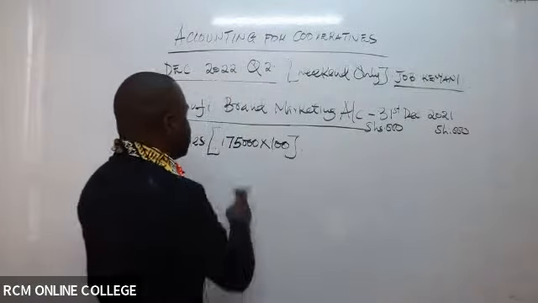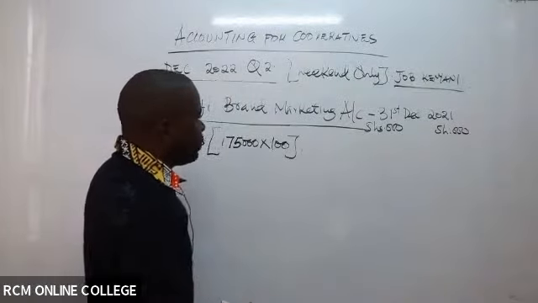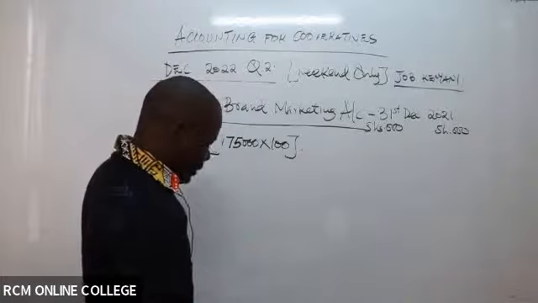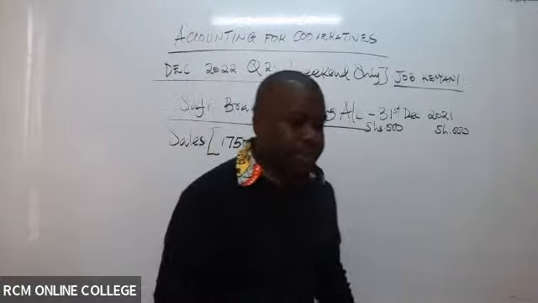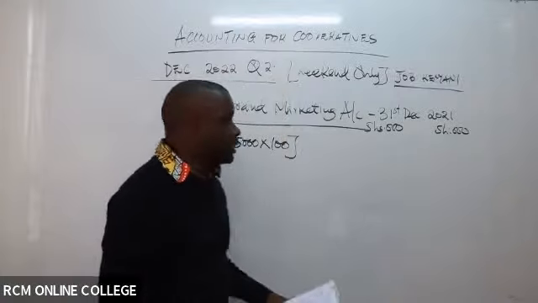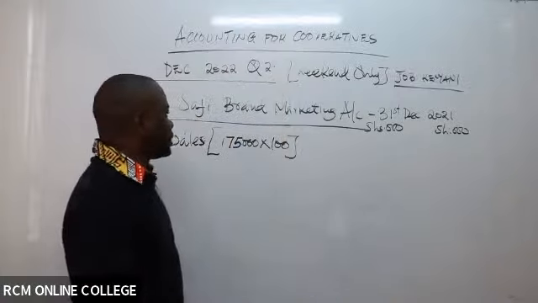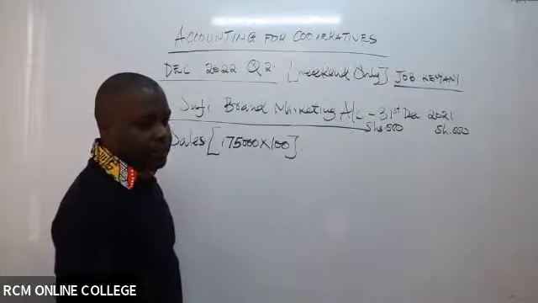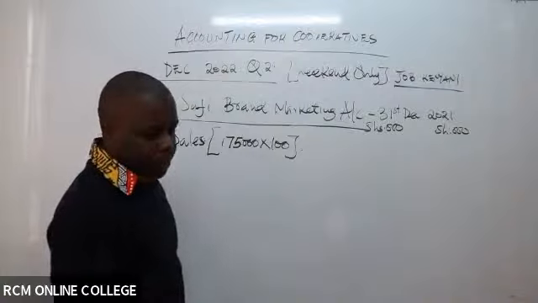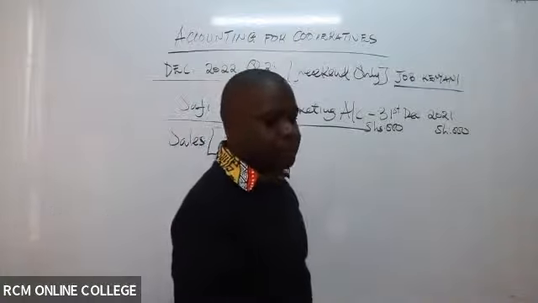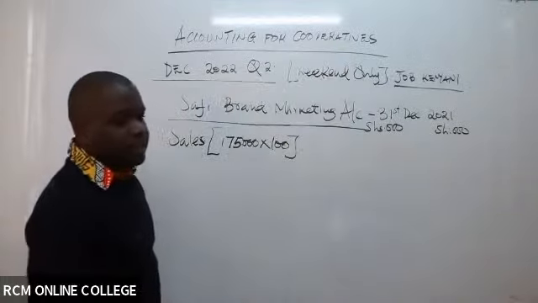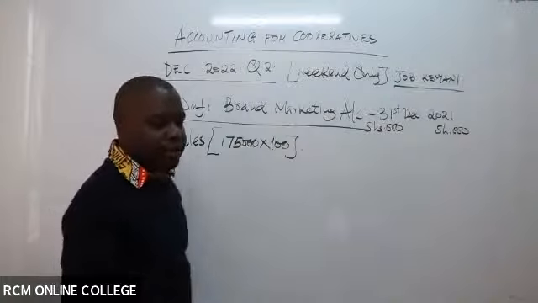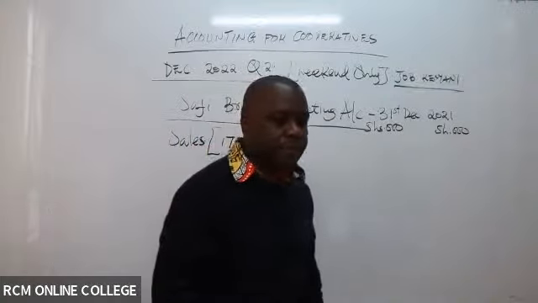So if you do the math, what do you get as the total sales for Safi? I hope you have your calculator, so you can calculate and indicate in the chat. What are you getting?